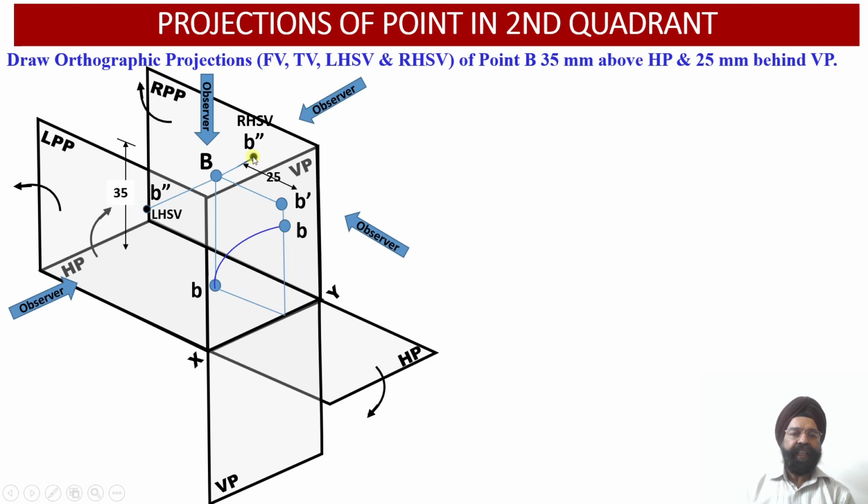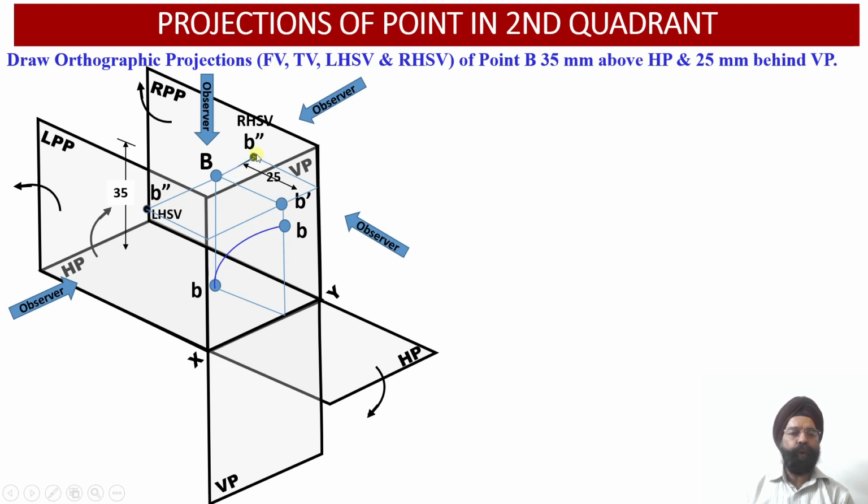And once again, this point B double dash is available at a height of 35 millimeter from the horizontal plane and at a distance of 25 millimeter from the vertical plane. Now let us establish the relationship between front view projections and the side view projections. This is the front view projection B dash.